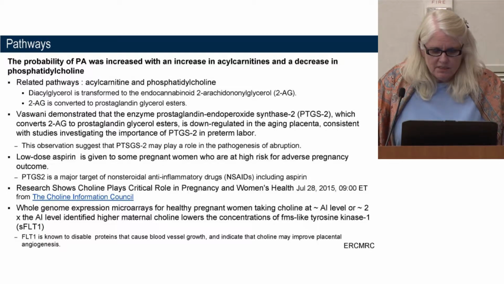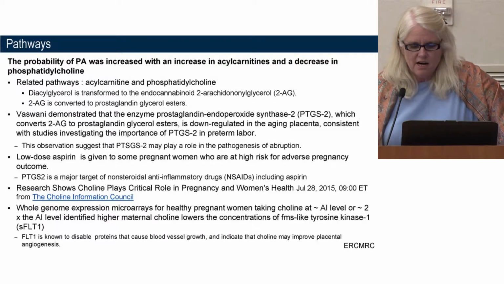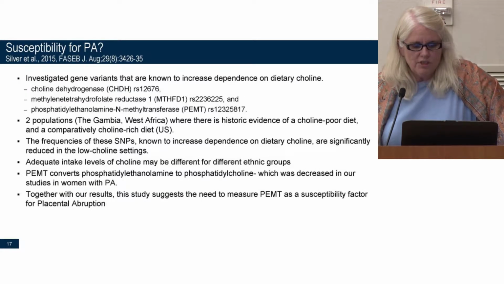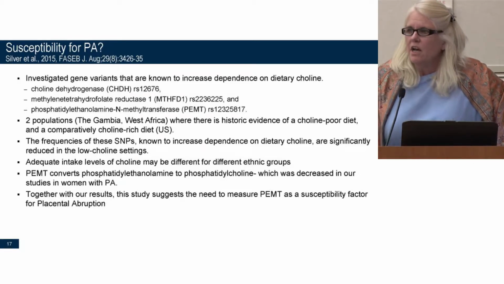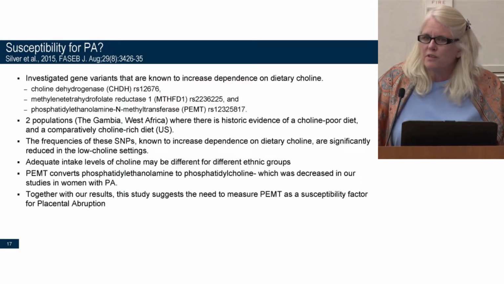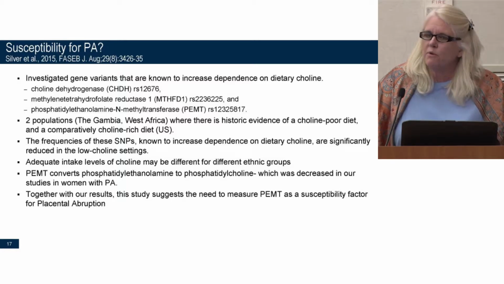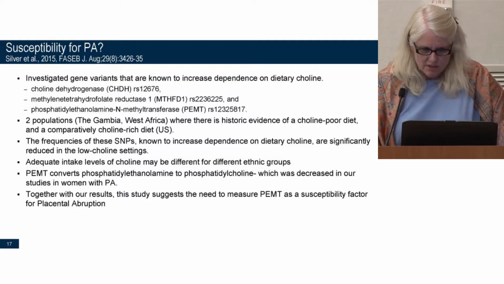And we have other evidence of the importance of choline in lowering concentrations of an FMS-like tyrosine kinase 1, which is known to disable proteins that cause blood vessel growth. So together, our studies are really showing that there's this importance of choline early during pregnancy. And we've known that it's been very important for neonatal brain health, et cetera, but we believe it's really important in pregnancy complications.